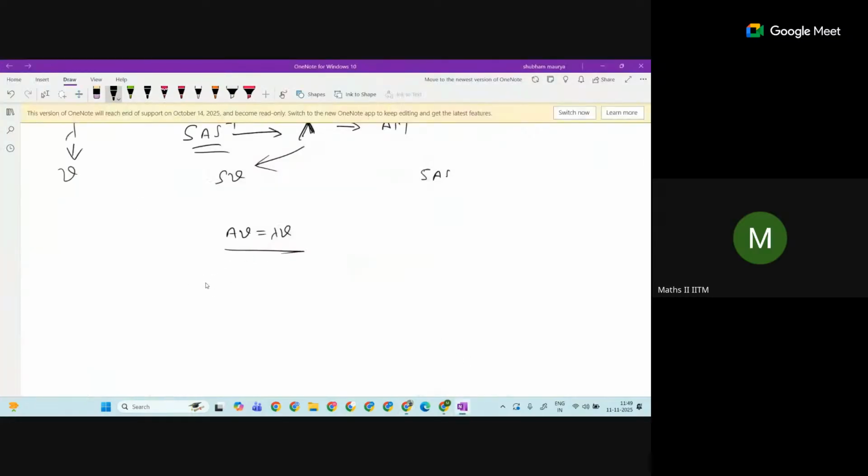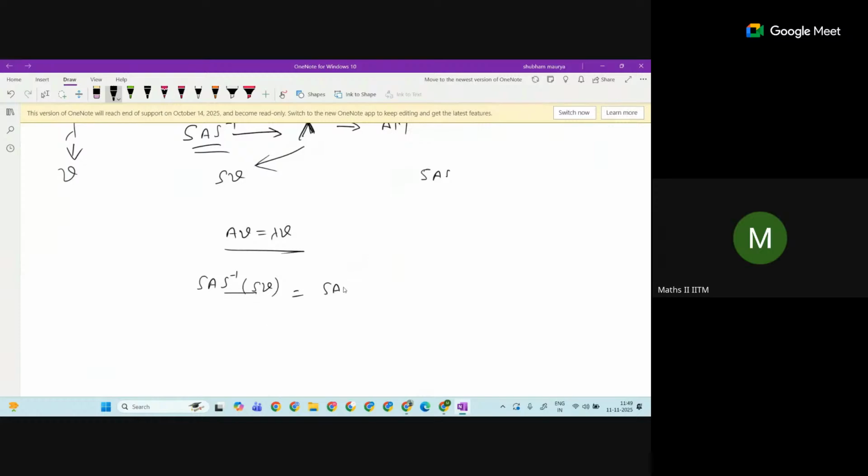So see, now suppose we have S A S inverse. Now just think about, I'm just multiplying with the vector S V. So this is going to be S A S inverse S V. Now these two you can take in one place.